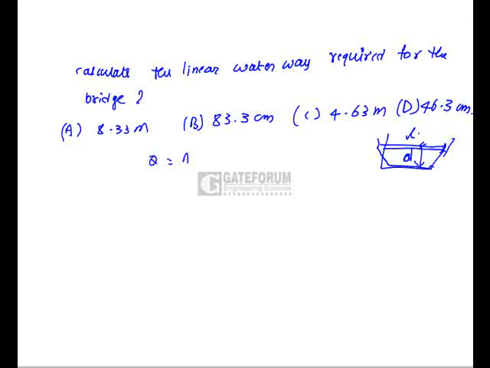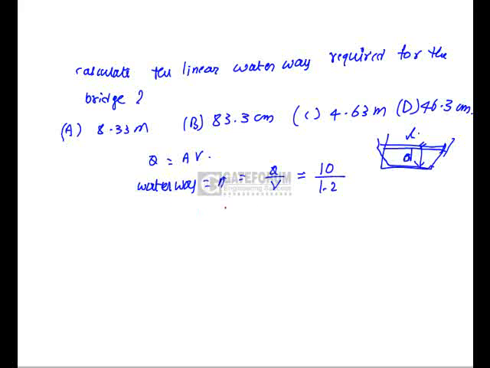Q is equal to AV, so area is equal to Q by V. Q we know from the previous question, that is 10 cubic meters per second, and velocity V is given as the permissible velocity, that is 1.2 meters per second.